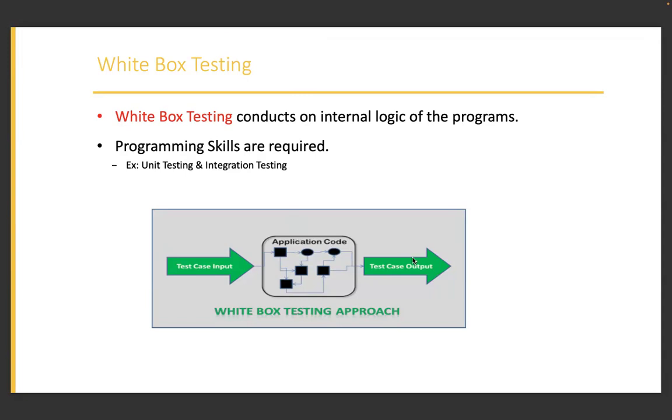Please remember, in white box there are two distinct testing types: unit as well as integration. Whoever is the white box tester should have programming or coding skills, because in white box testing you are validating the code part; whatever code is written, you will check the code as well.